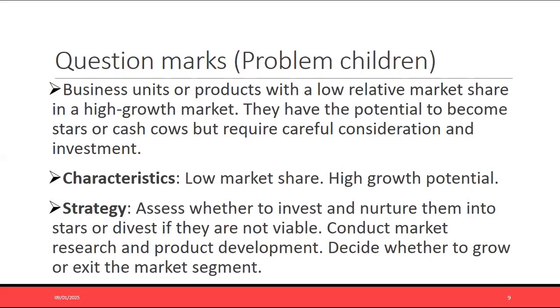They have the potential to become stars or cash cows. Stars have high market share and high growth rate. Cash cows have a high market share but a low growth rate. So question marks can grow or they can mature into stars or into cash cows.